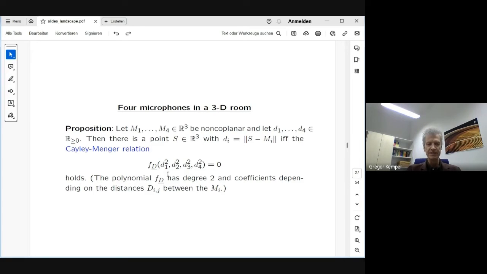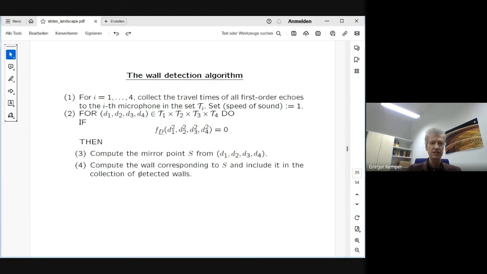So if you just have the distances, this is the best you can do. Okay, so this clearly means that we now have an algorithm: just use this relation to try to perform the echo matching. So here it is. We call it the wall detection algorithm.